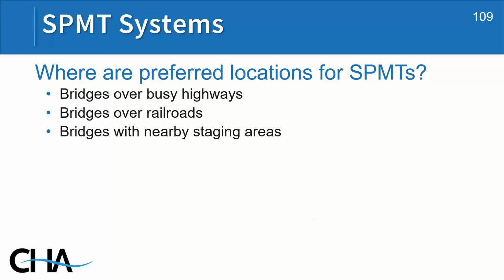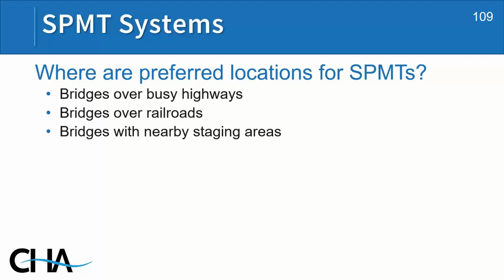Again, SPMT systems are where we build the bridge in a nearby staging area, pick it up with these devices called self-propelled modular transporters, and bring the bridge in one piece. They've been around for quite a while, and I'll show some pictures in the next slide. But they are a very useful tool in the ABC toolbox. But where are the preferred locations for SPMTs? Obviously, if you have a bridge over a river, you can't drive an SPMT in a river unless it's on a barge, which has been done.